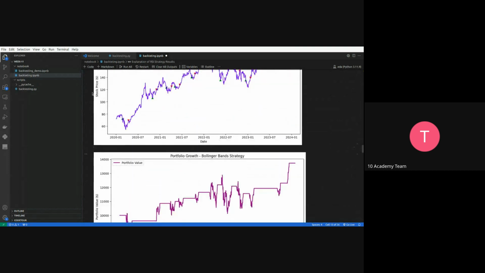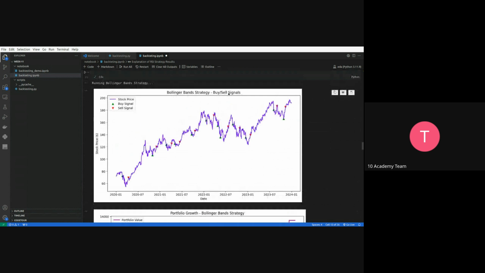Bollinger, as we discussed, it will have some moving average, and it uses the standard deviation, the upper and the lower bound. And when the price point gets below the lower bound, it will buy, and when the price point gets above the upper bound, it will sell.